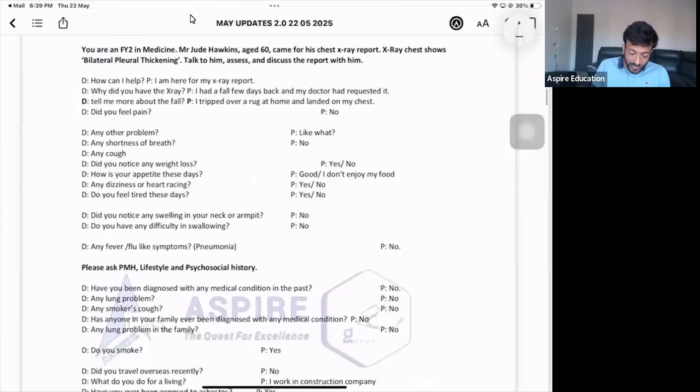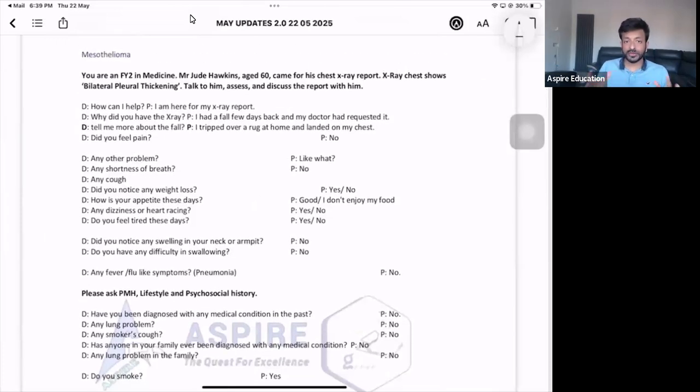Mesothelioma. So guys, this station is coming in two different ways. Number one is patient had a fall. Patient was going somewhere and had a fall and was having some chest injury, and that's why we ordered the chest X-ray. Patient is around 60 years of age, and when we did the chest X-rays, accidentally we found something.